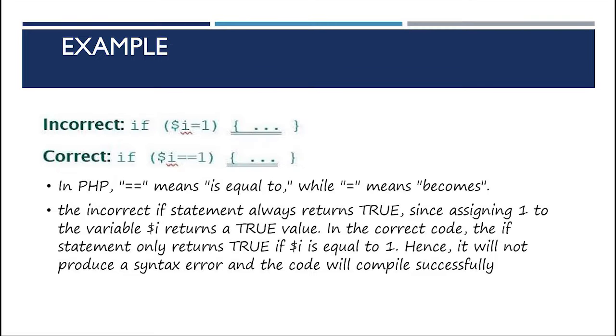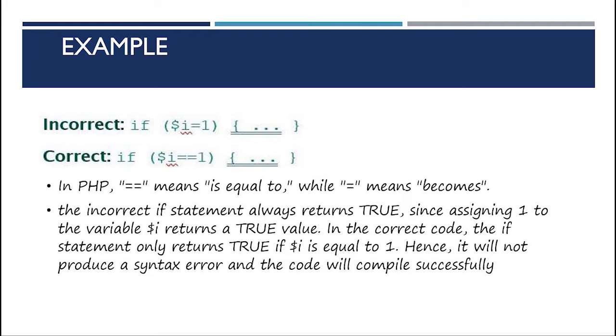So for example, as you can see in the coding, this is the wrong type of coding. It uses the if statement with $i = 1. This is wrong because it assigns a value to the variable.